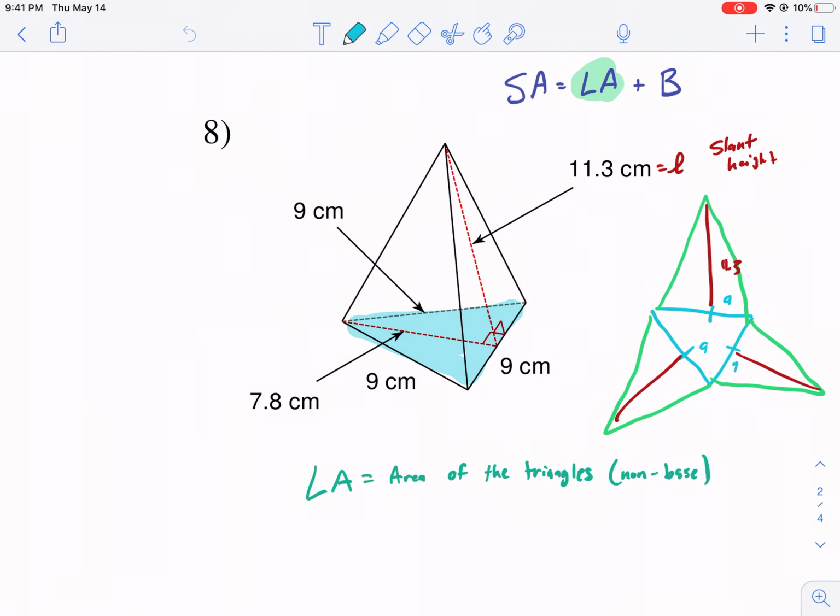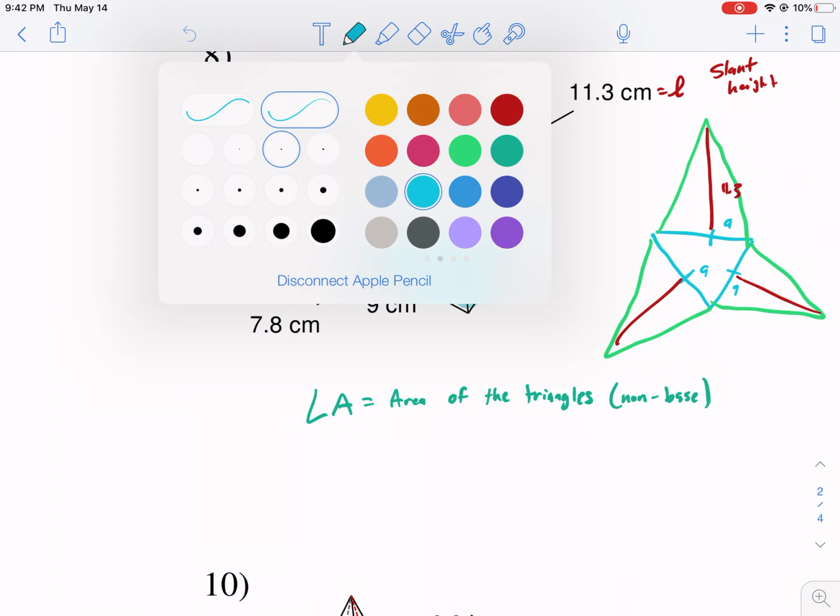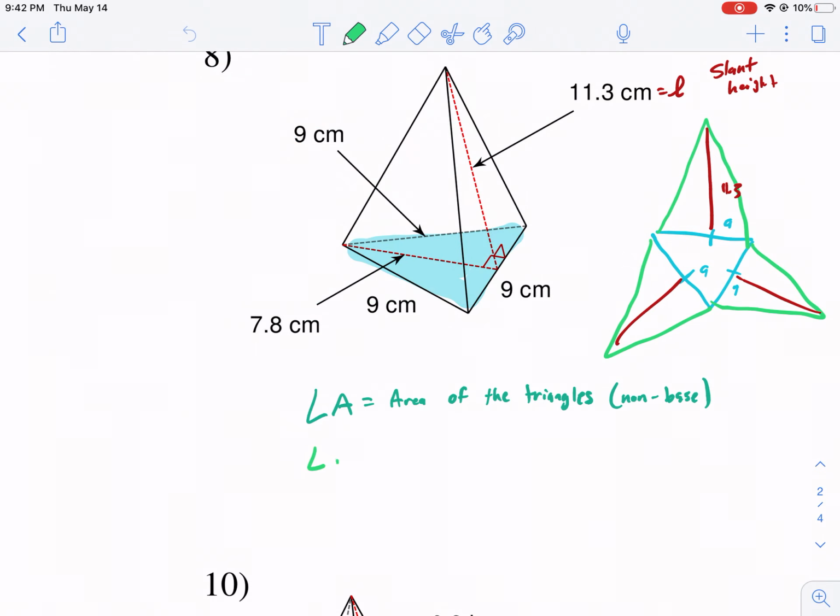So we could add up each one of these triangles individually, or we could find one and then multiply it by 3 because the dimensions are the same. Or, one thing you can always do for lateral area, because they are triangles, we can do 1/2 times the perimeter. That way we account for all 3 triangles' bases at once, times the slant height.